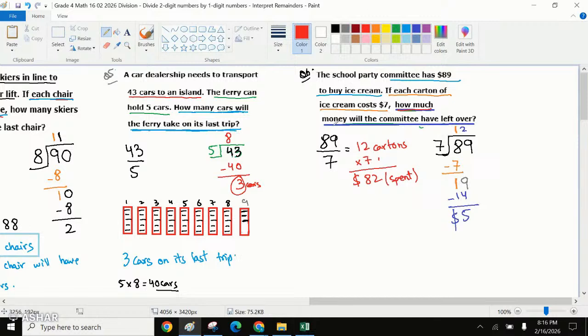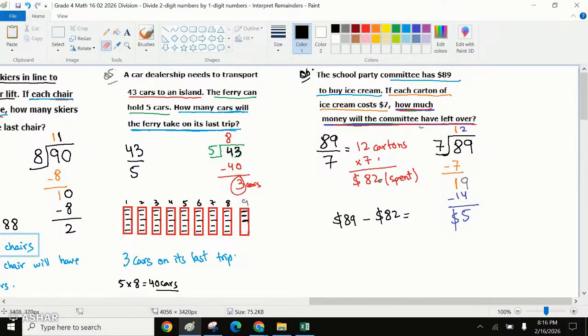How much money will the committee be left with? That means the total money was 89. They spent 82 and they are left with, sorry, why did I write a 5? Sorry, 84.